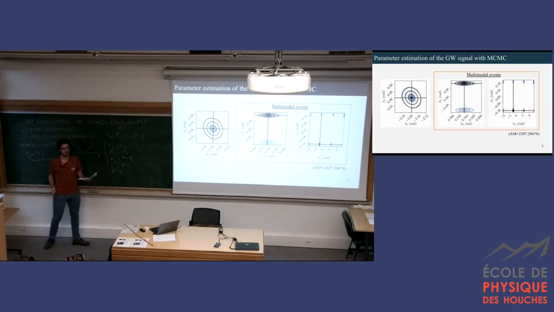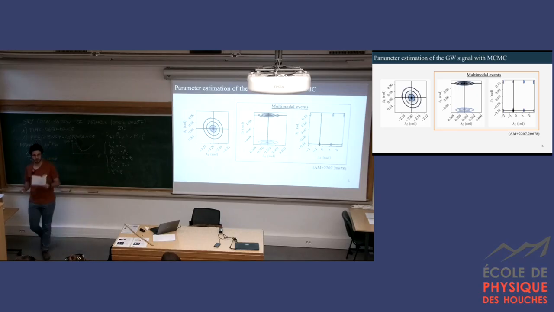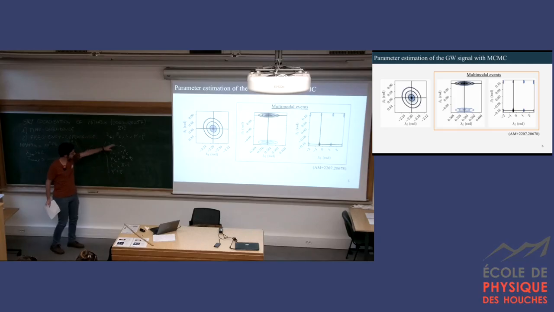So basically you can find a change of coordinates of your extrinsic parameters that produces the same gravitational wave signal in your detector. If you have this information, this transformation is broken.